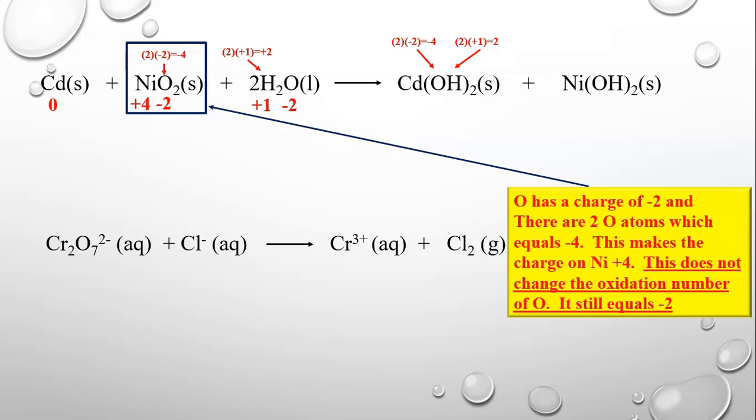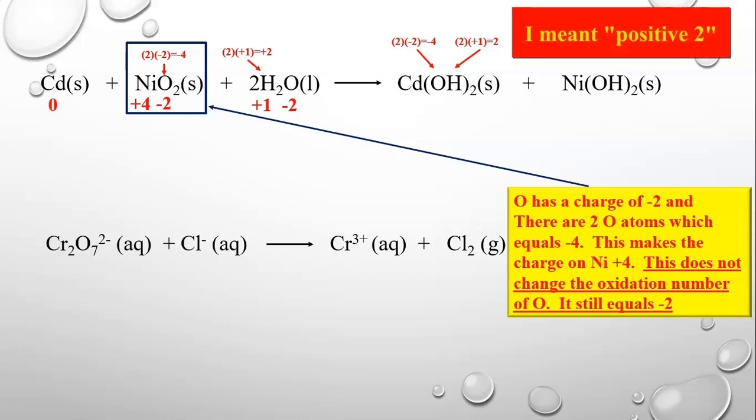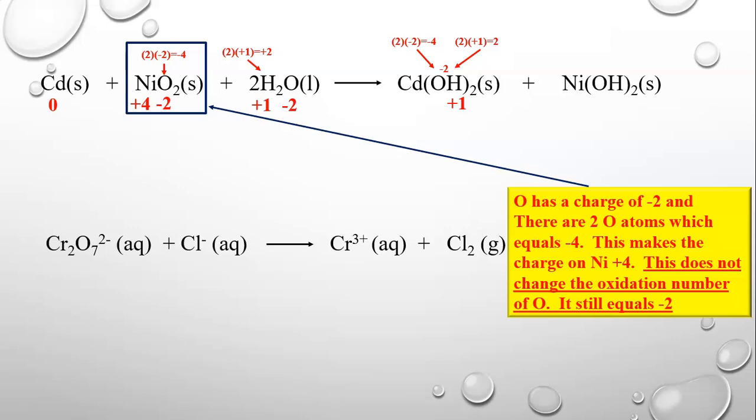So if you add those, -4 and +2, you get a -2 for the overall hydroxide because there's 2 of them. However, each one is still a +1 for hydrogen and a -2 for oxygen. So it's -2 + 1, which is -1 for each hydroxide.